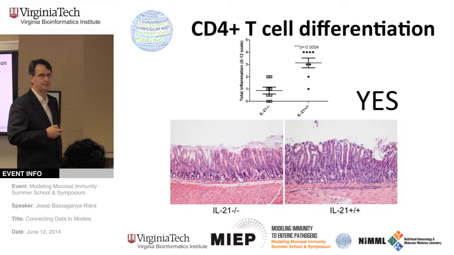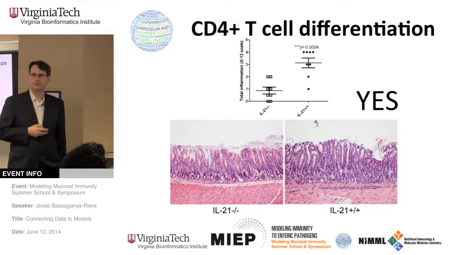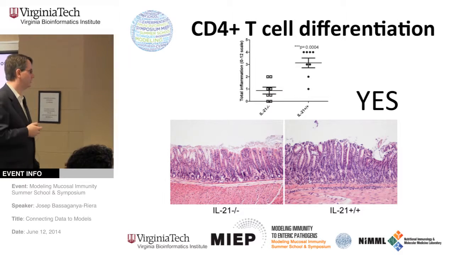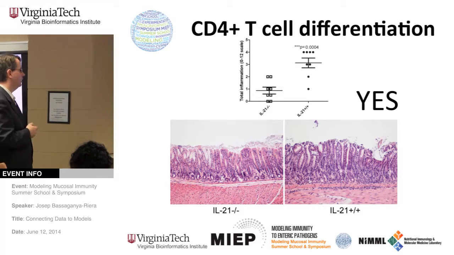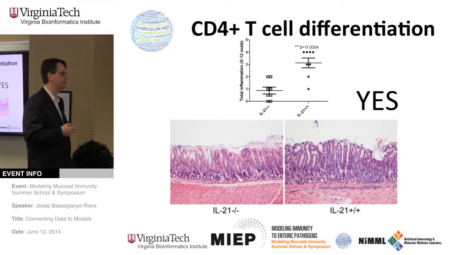This is H&E staining of stomachs from H. pylori infected mice. On the right, we have wild-type mice. On the left, we have IL-21 deficient mice.